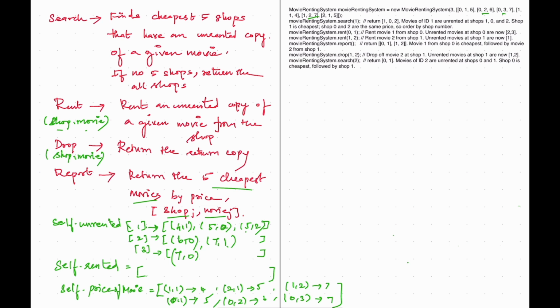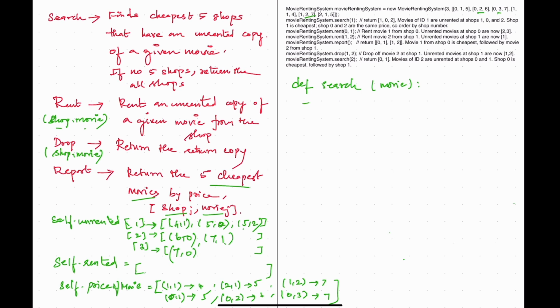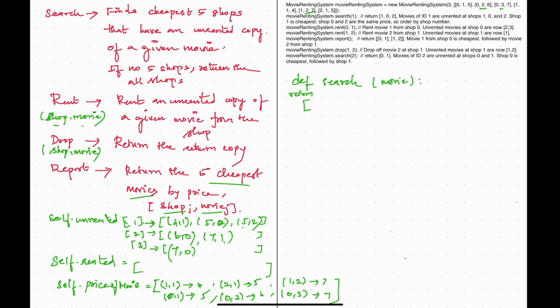Got it? So now the def search function, we will be getting a movie. Since you are getting a movie, you know that this is the key, right? We just have to return an array of the first 5, or however many items are present for the given movie.